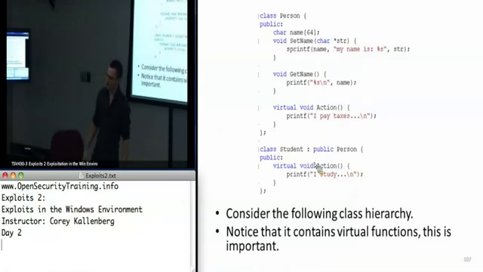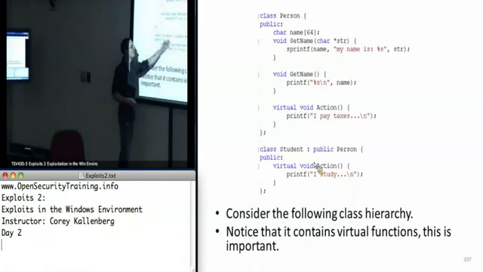In this case, you don't really need to know C++. It's just doing basic C++ polymorphism, where you have a person class and a student class, and whoever's a student is also a person. In C++, it dynamically decides which function to call, depending on whether you're referencing this particular class as a student or as a person.